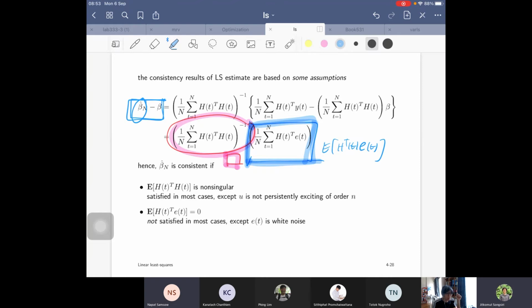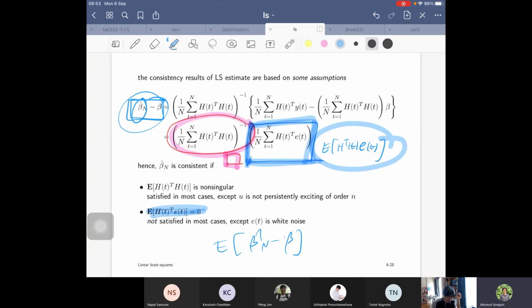We want the mean to be 0. Again, this term is random, so at least we want the mean to be 0, and that is why we put a requirement that the expectation of H transpose E is supposed to be 0.